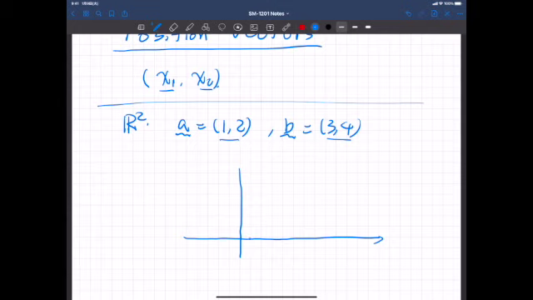So this is A, and B is (3, 4). Now we want to find the equation of the line passing through these two points. So let's see, something like this.